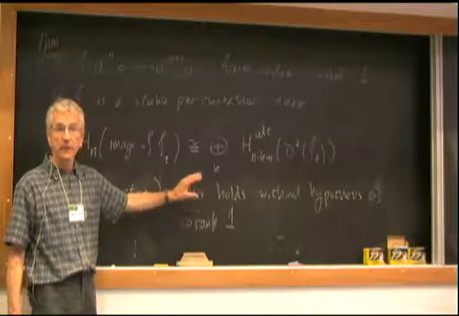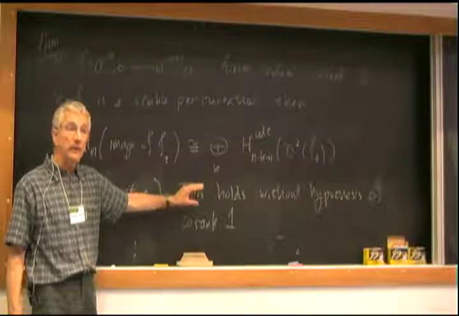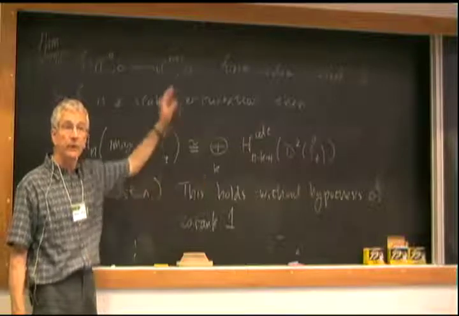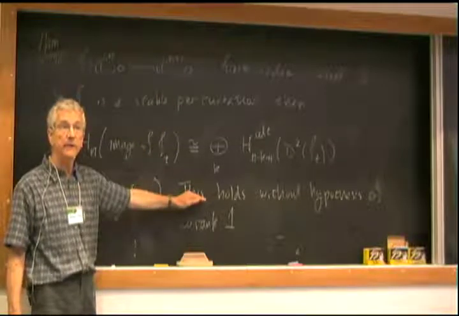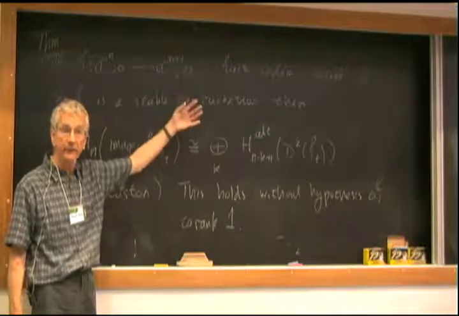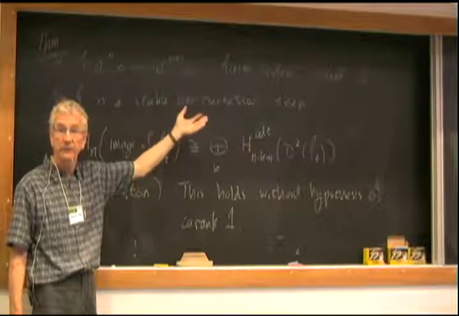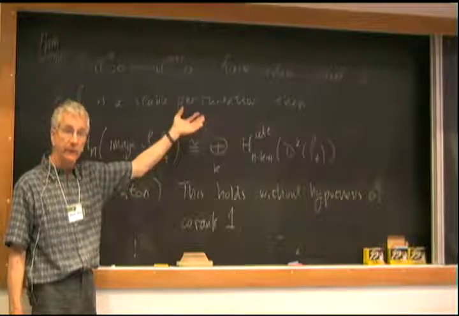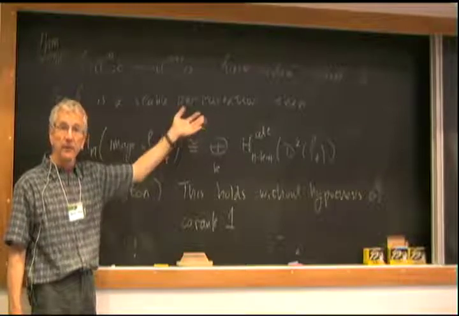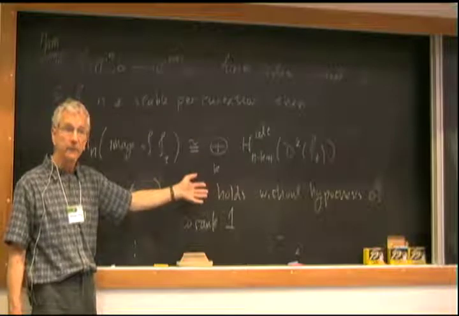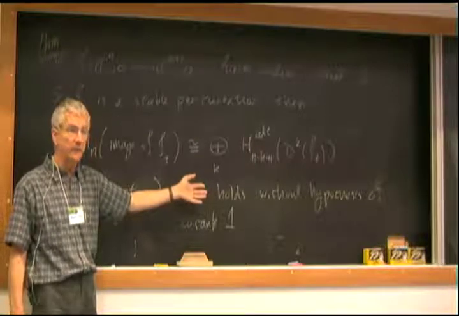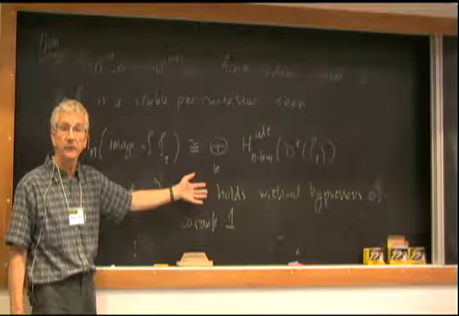It is not anything like so obvious as it was in the co-rank 1 case, because in the co-rank 1 case, each of these spaces was homotopically a wedge of spheres, because it's a Milnor fiber of an isolated complete intersection. So one understands the homology very well. But in the case of map germs of co-rank greater than 1, actually we know almost nothing about the multiple point spaces.